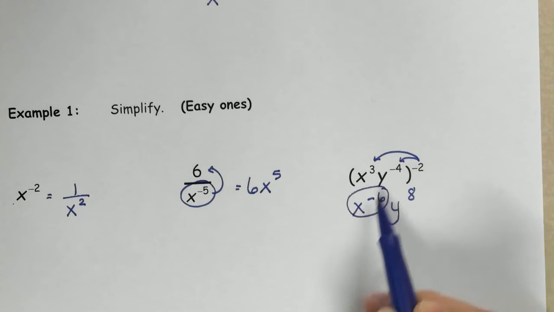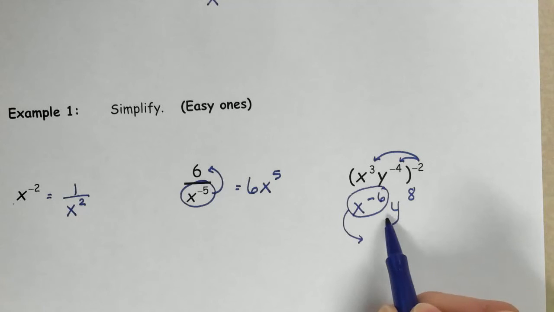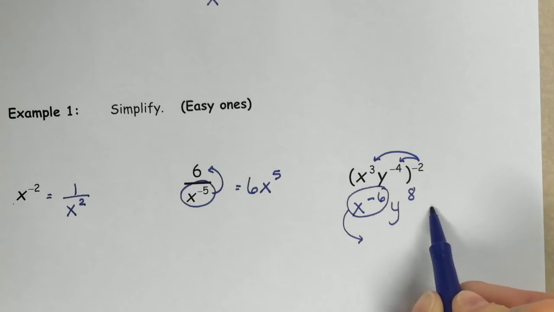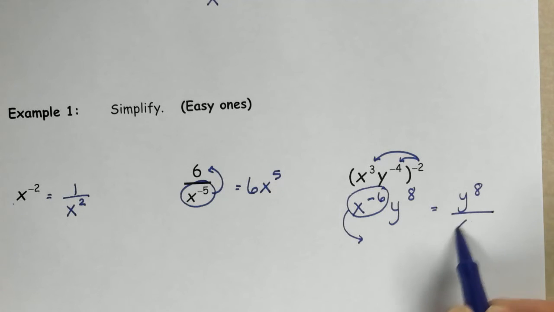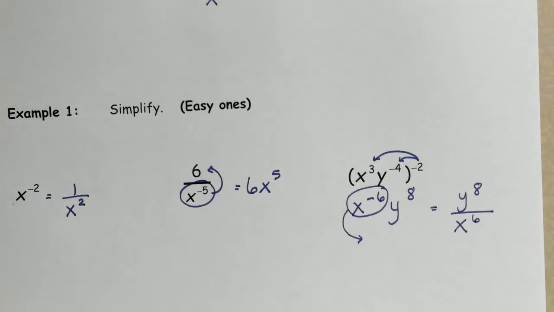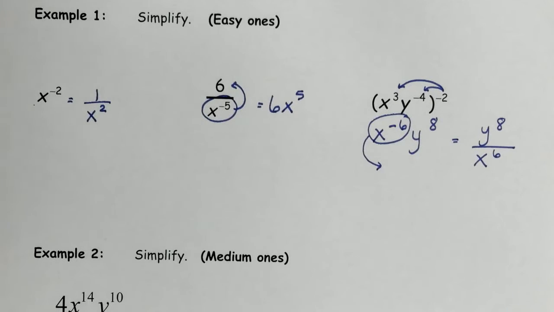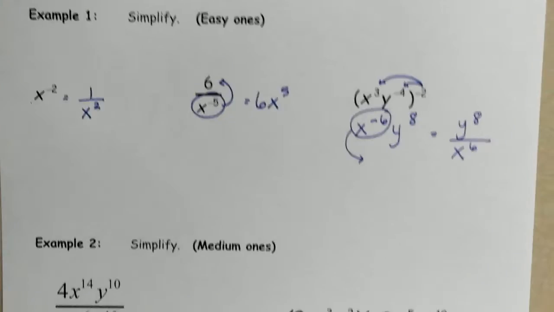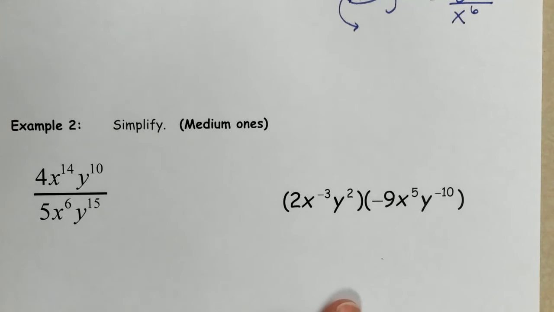So just the x's are going to move to the bottom of the fraction. The y will stay where it is. And so we'll end up with y to the 8th divided by x to the 6th. So the meaning of a negative exponent is that you need to relocate those portions of the problem.